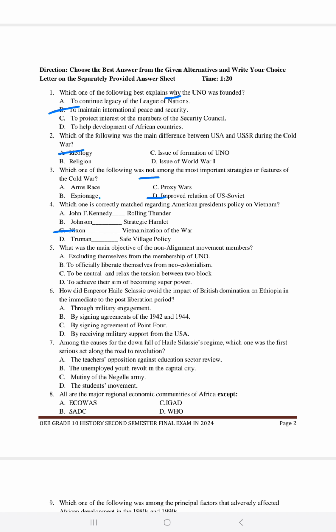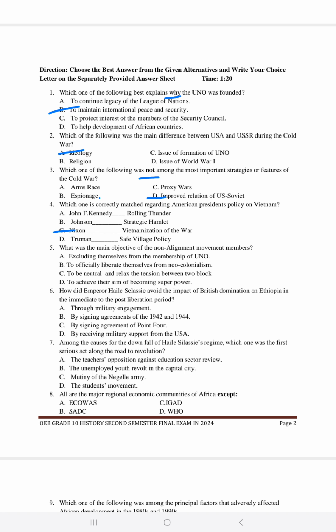A, excluding themselves from the membership of the United Nations? No. They did not exclude themselves from the United Nations, but excluded themselves from being with or against both America and Russia. B, to officially liberate themselves from neo-colonialism? No. C, to be neutral and relax the tension between the two blocs? C is correct.